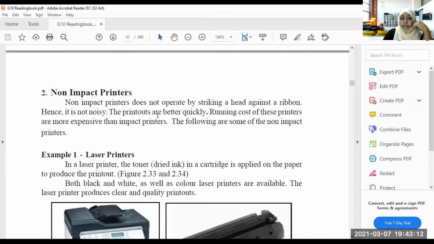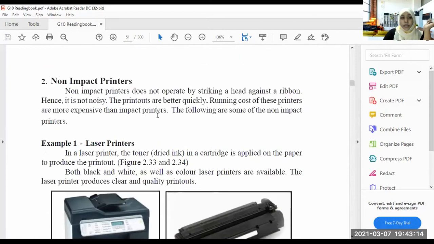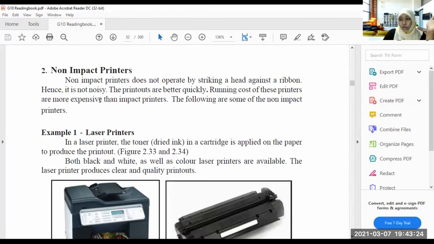So next one is non-impact printers. Non-impact printers don't operate by striking a head against a ribbon. Here there is no ribbon and there is no head. Hence, it is not noisy. These kinds of printers are used nowadays at schools, at hospitals, at houses.